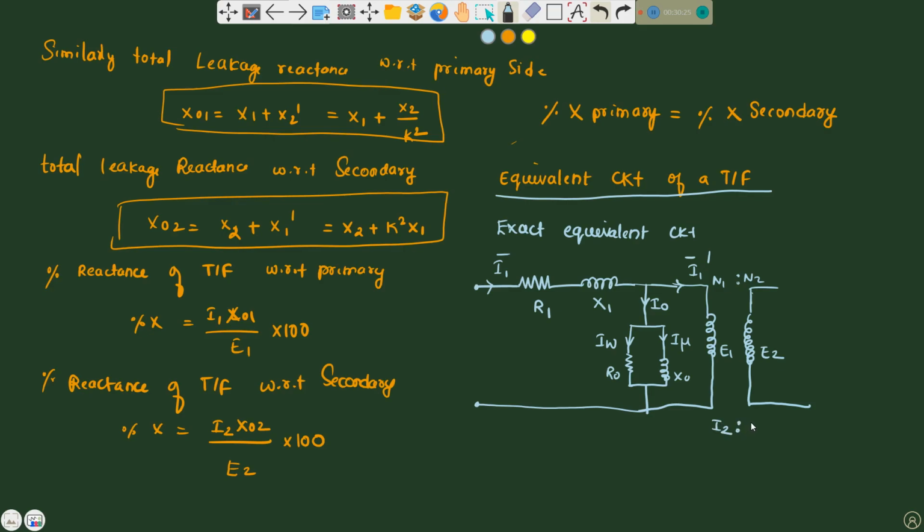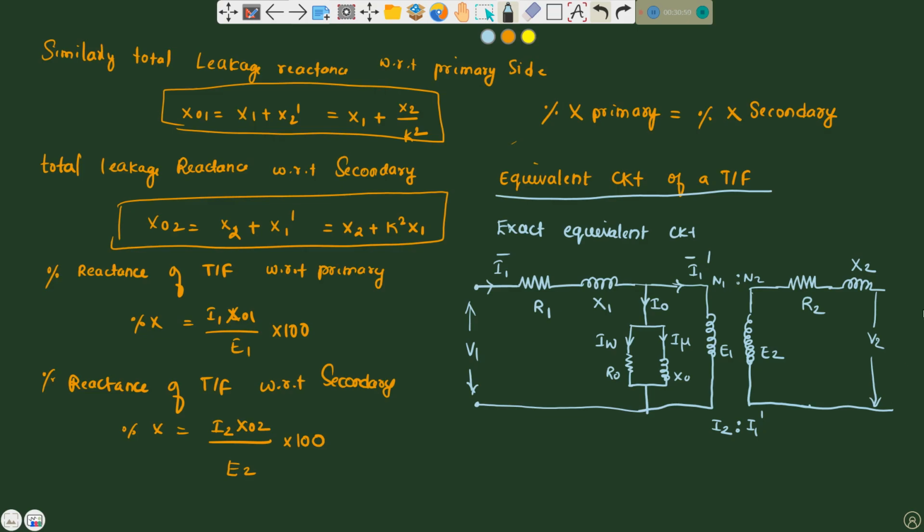I2 is I1 dash. So here we are getting secondary winding resistance R2. Here this will be a leakage inductive reactance X2 in the secondary side. You will get secondary voltage V2. Here you will get primary voltage V1.